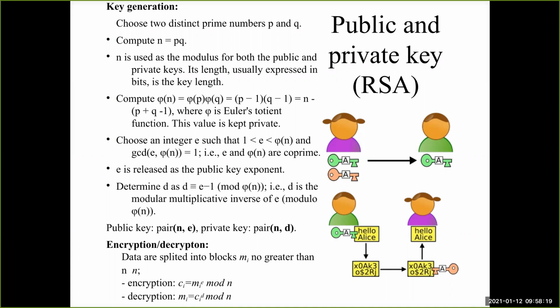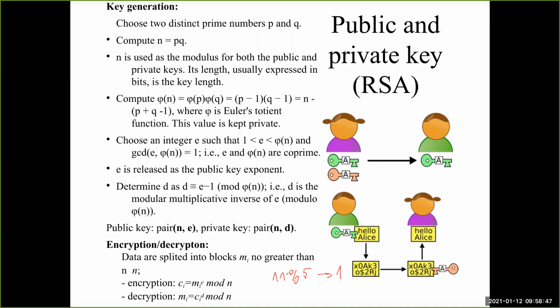So we are not able to guess what the original value was, because calculating, let's say, 11 modulo 5, we get the value 1.